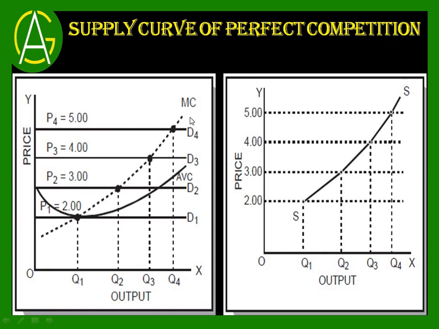But here you need to remember that we need to consider the marginal cost curve, but only above the average variable cost curve. The curve below average variable cost is not similar to the supply curve. Only the curve above the average variable cost curve is equal to the supply curve.